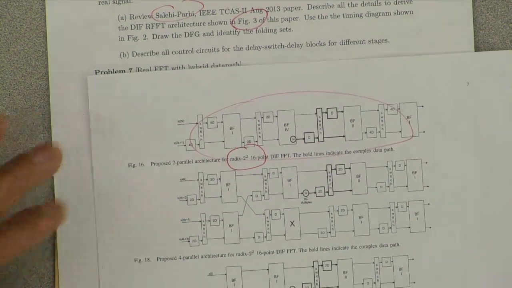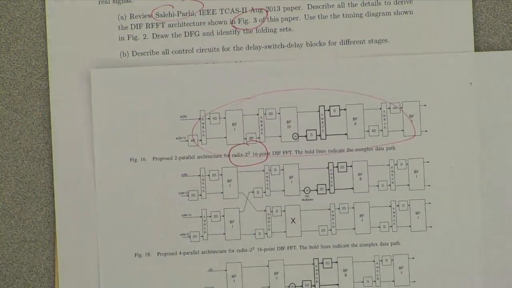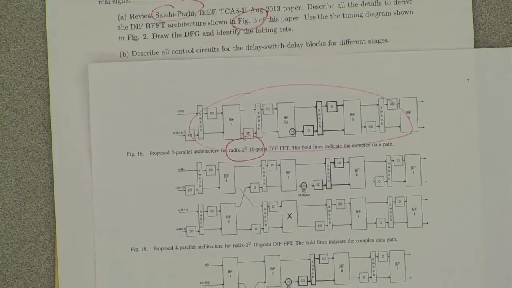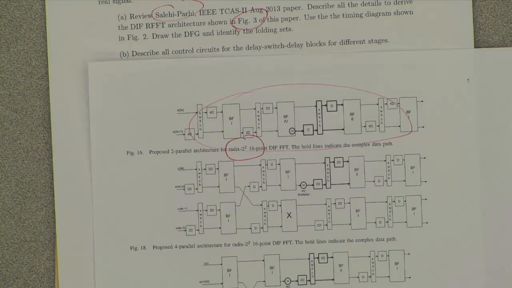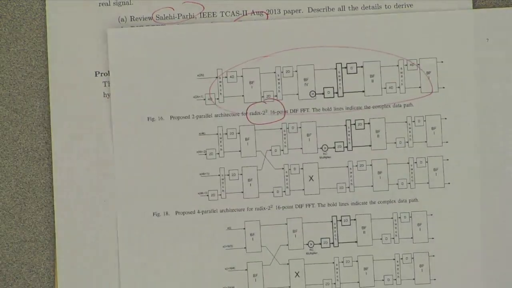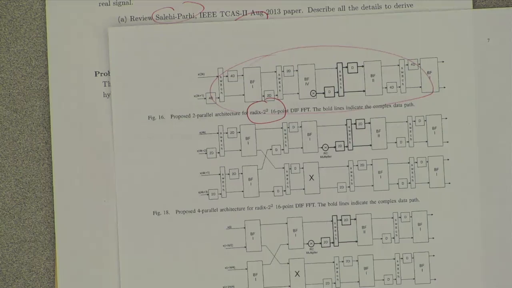All these solutions are in these papers. The exercise really is to go through the intricate details that are missing in the papers to get to these solutions. So that's a brief overview.